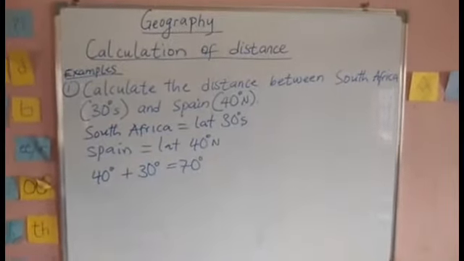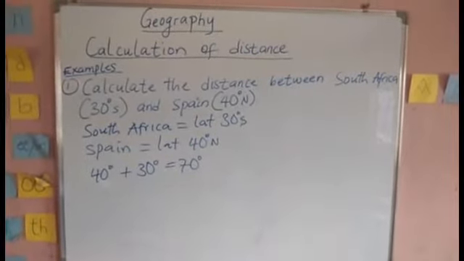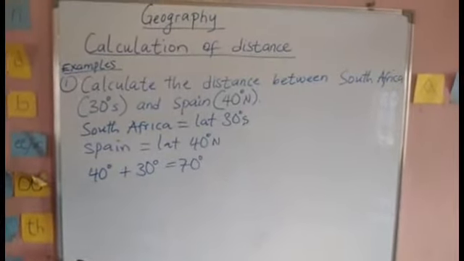I will now move to step 3. Step 3 says multiply the differences by 111 kilometers.